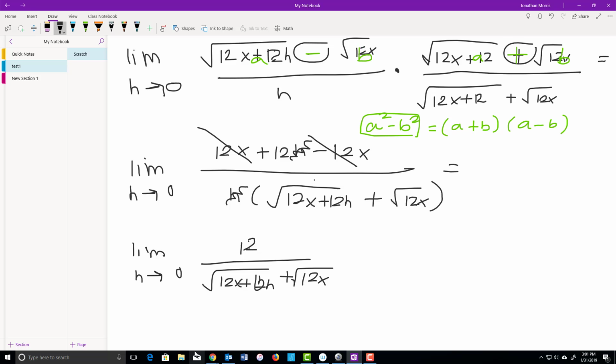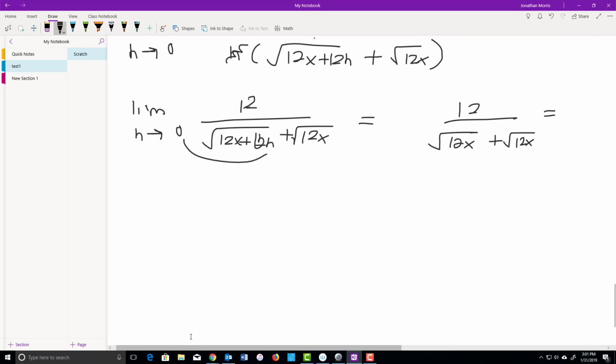And so I perform direct substitution, putting that 0 in right here. This is my limit: 12 over the square root of 12x plus the square root of 12x, which simplifies to 12 over 2 square roots of 12x.